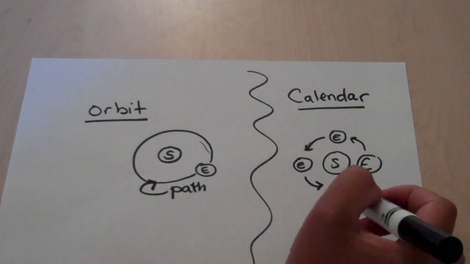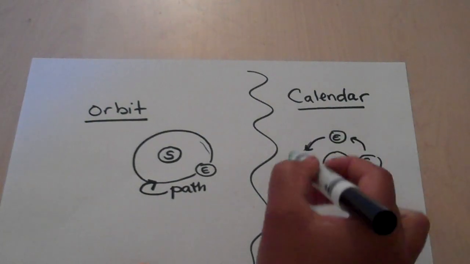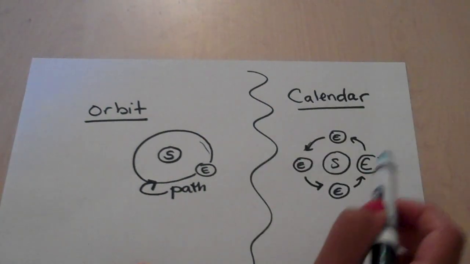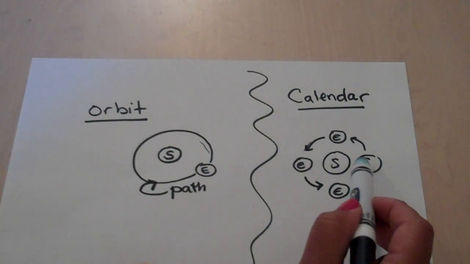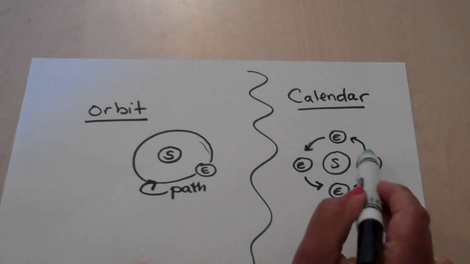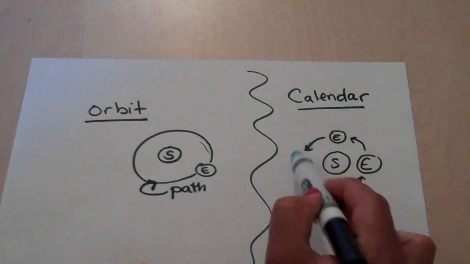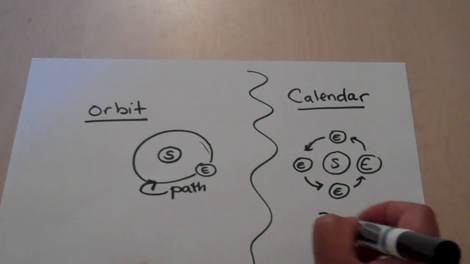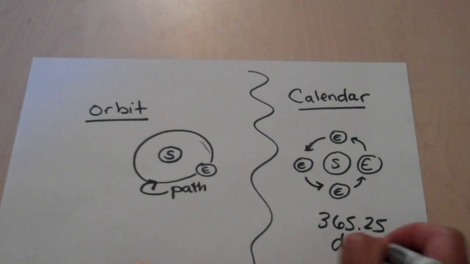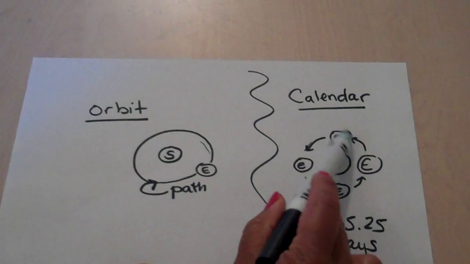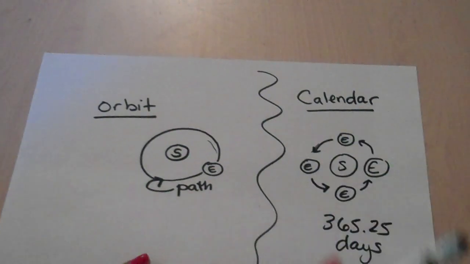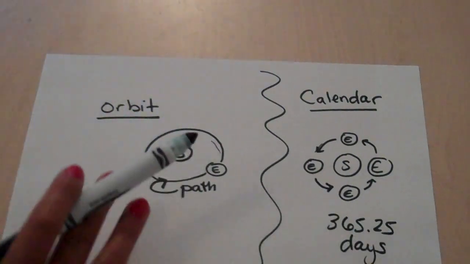You can see Earth at all parts of this circle around this path, obviously one point at a time. It takes a whole year to go around, and we can count how long it takes: 365.25 days. We can mark off the calendar, divide that out, and mark it up.